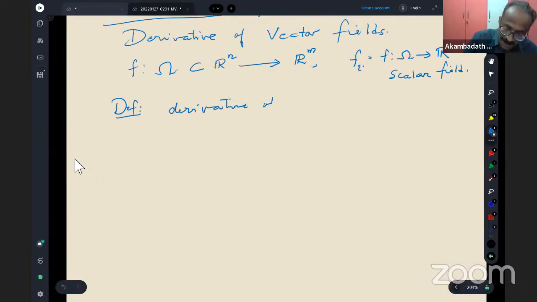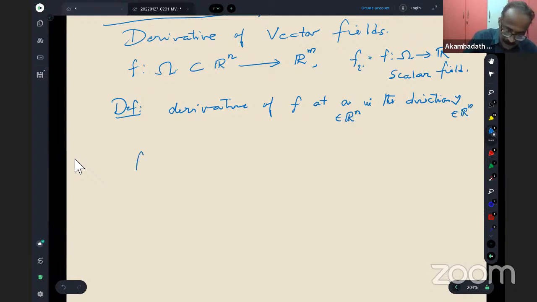Derivative of f at a in the direction y, where a is in Rn, y is also in Rn.